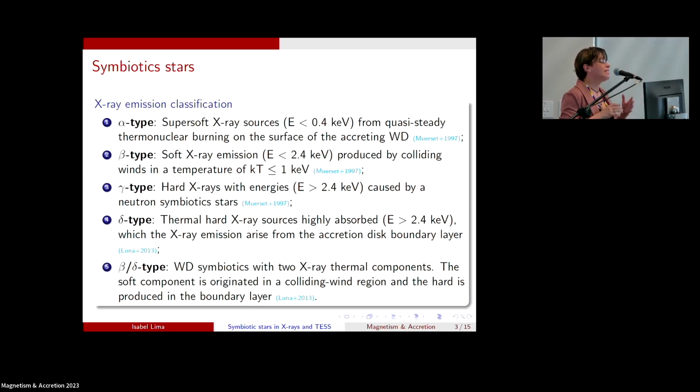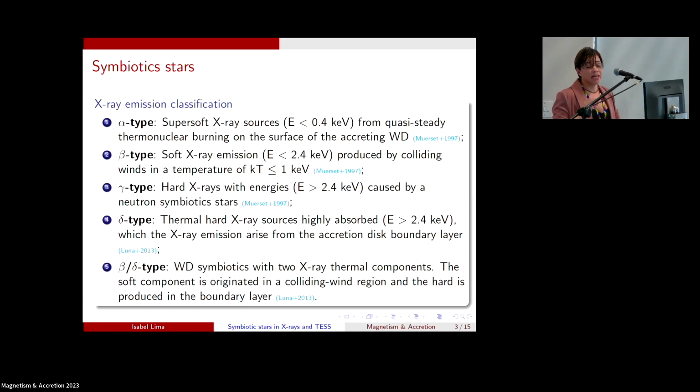And the gamma types are neutron star symbiotic stars, and they emit at high energy. Delta types are hard sources in which the X-ray emission arises from accretion through the boundary layer.